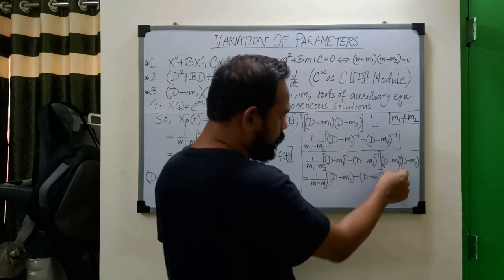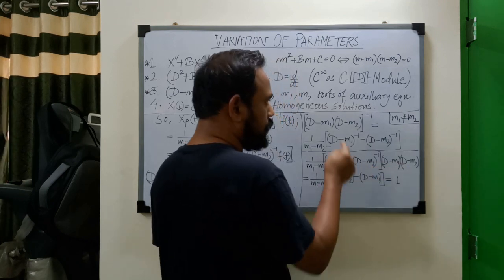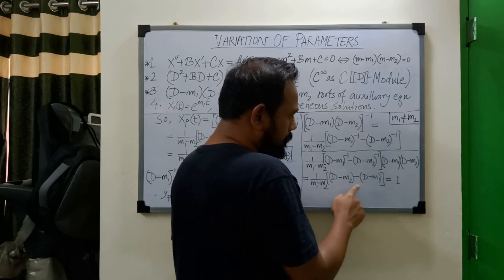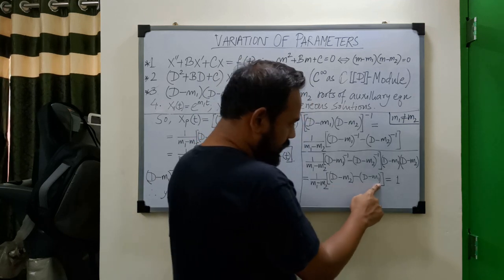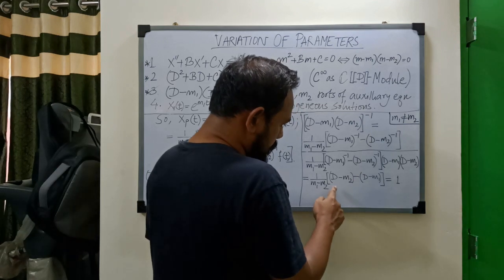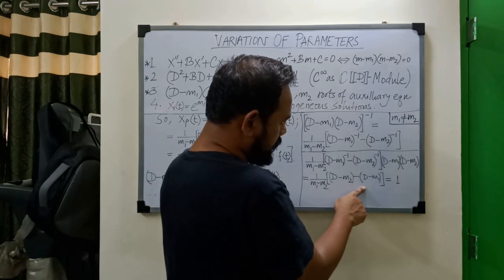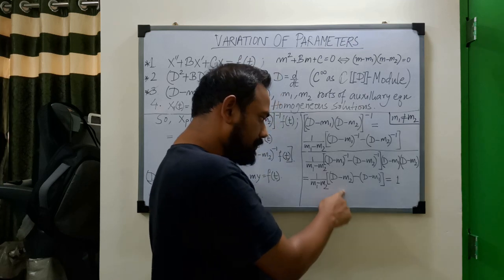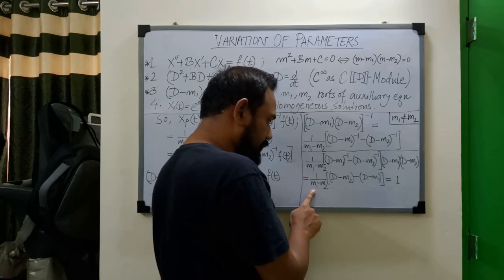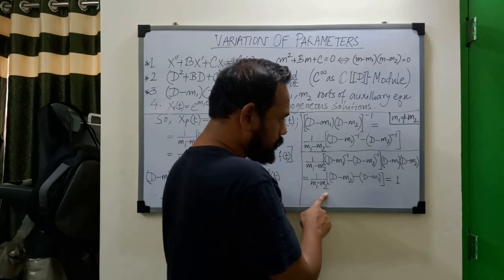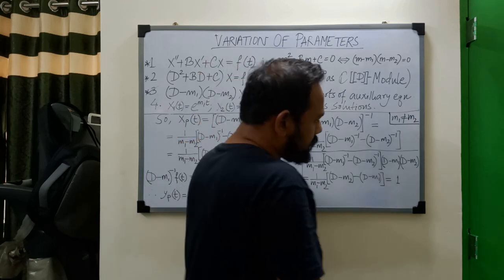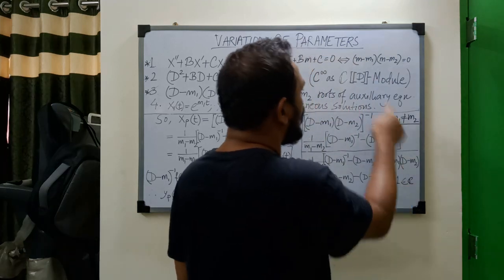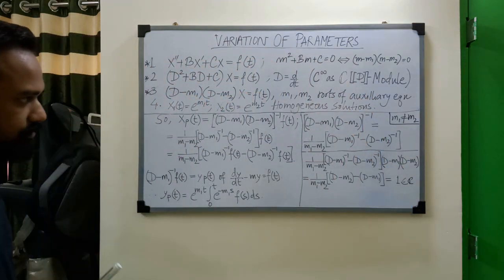So when you apply the distributive laws in a ring, you get d minus m2 minus d minus m1, and as you can see, the d's will cancel. You will get plus m1 from here and a minus m2. That will cancel with the 1 over m1 minus m2, and you're left with 1, which really is the 1 in complex numbers, but that really is the 1 in this module as well, and we have discussed that before.